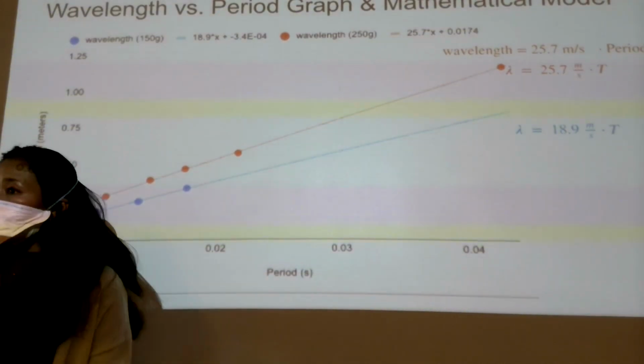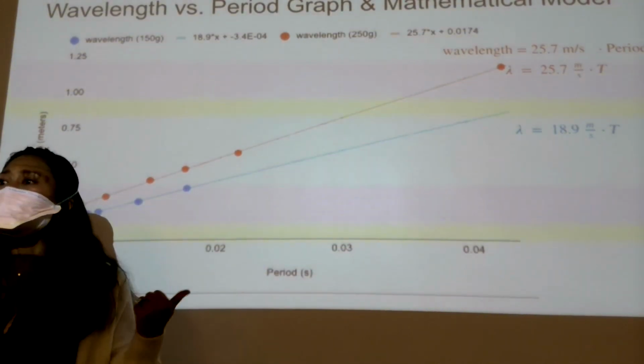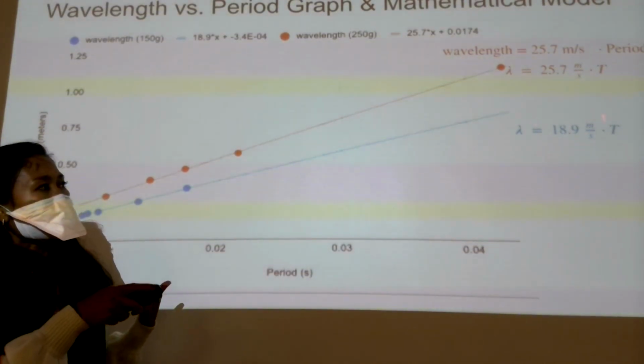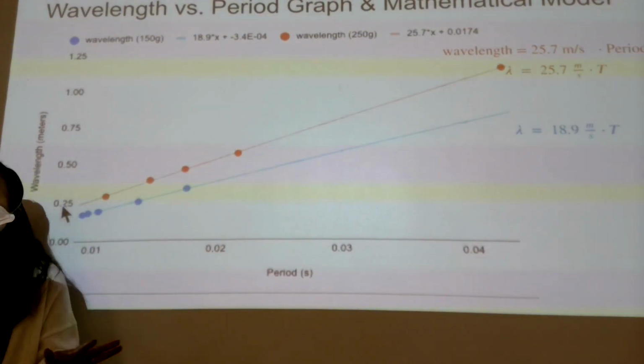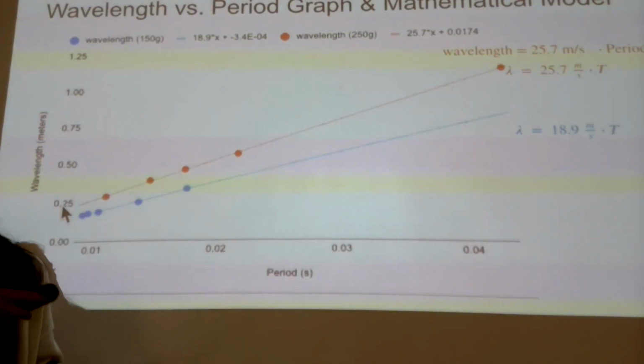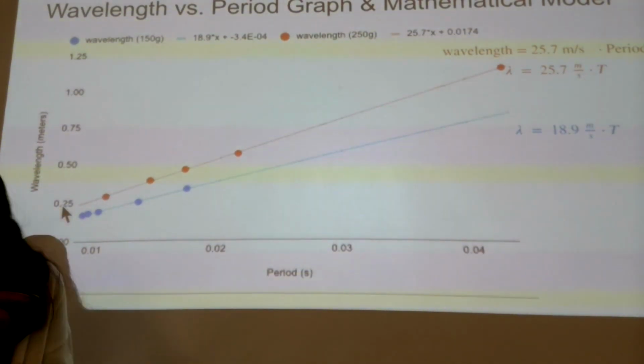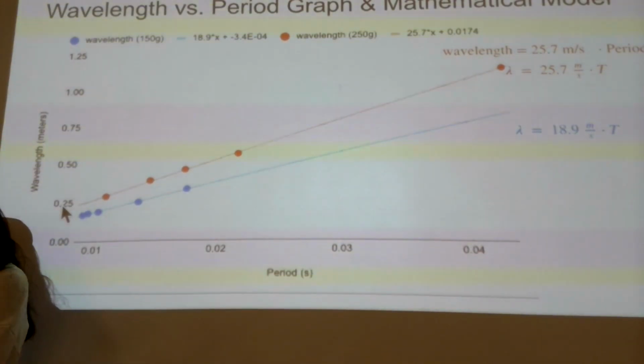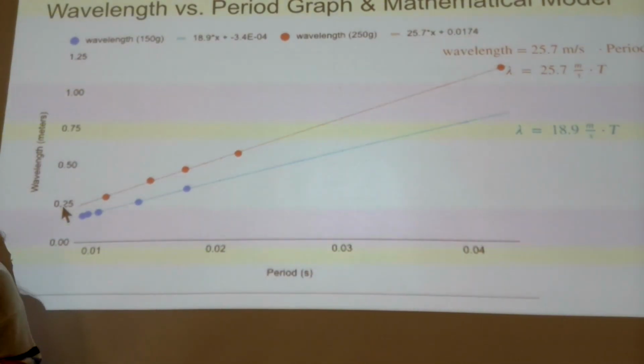So first thing I want to do is analyze this slope here. What do you think the slope of this graph means? I dropped my y-intercept. Some of you may have kept it, but in my case, I had a really small y-intercept that didn't fall above the 5%, so I dropped it.